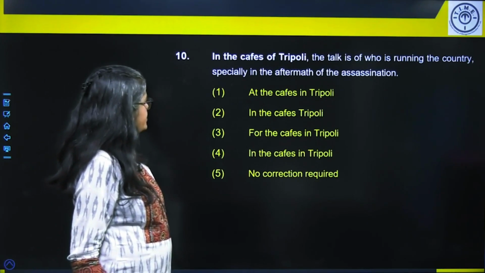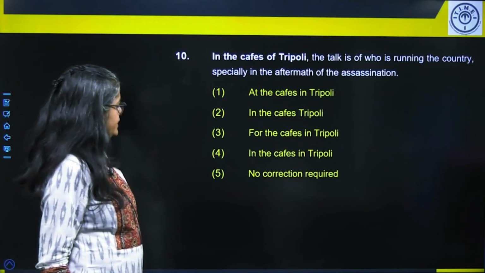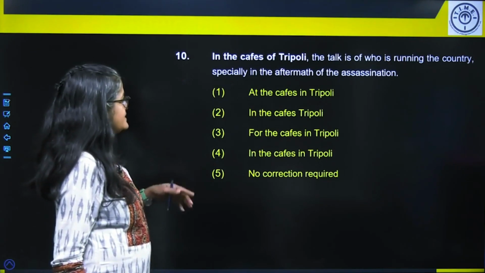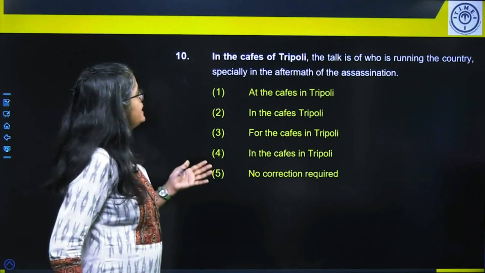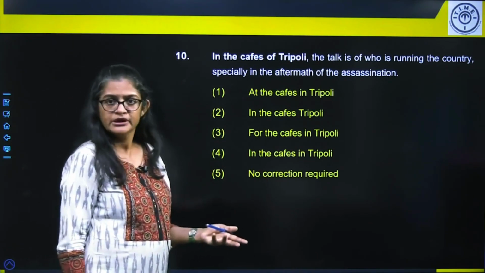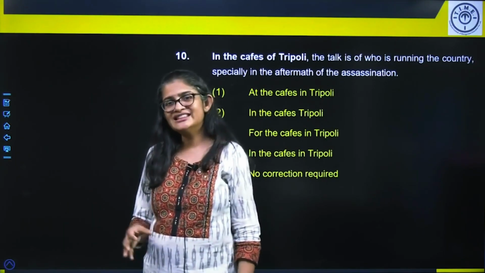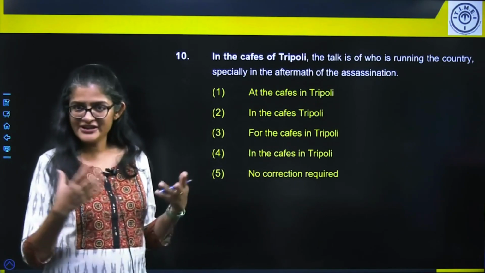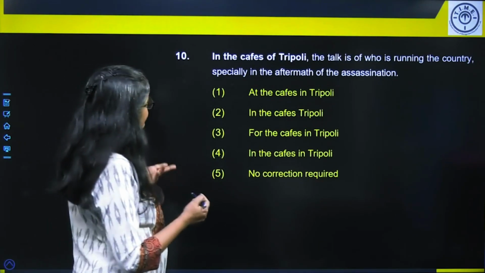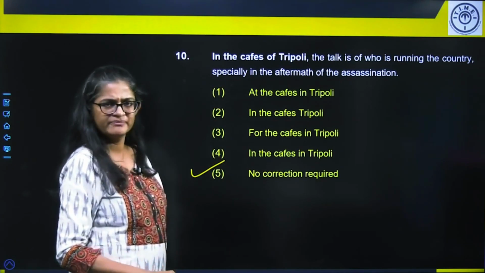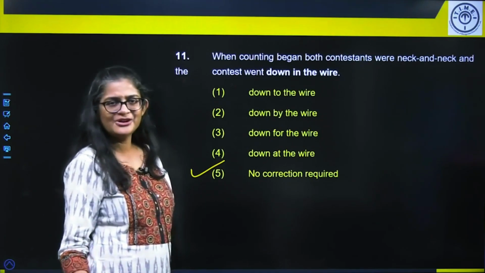In the cafes in Tripoli. No, these cafes belong to Tripoli, in the cafes of Tripoli. You can say the cafes are in Tripoli, but then we say the cafes of Tripoli. These cafes belong to Tripoli. In the cafes of Tripoli seems fine, so no correction required. Okay. Unnecessarily, we will not correct anything.